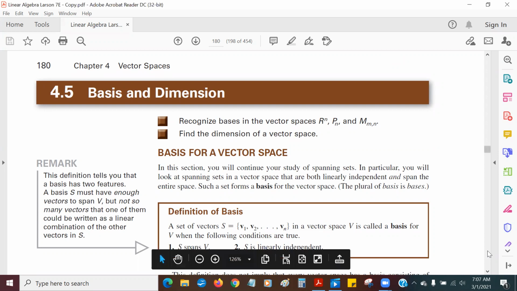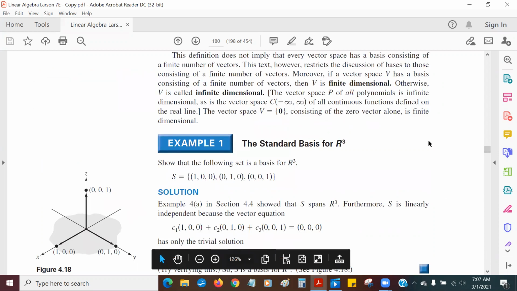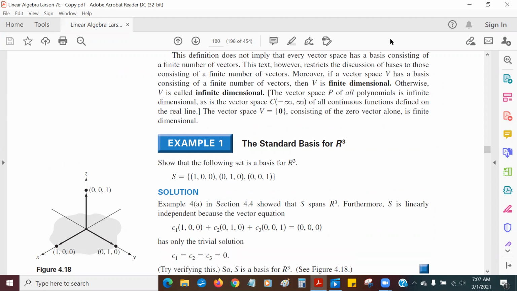Now, as I said, you can have a basis with a finite amount of vectors, or a basis with an infinite amount of vectors. But in this course, we're really going to be confining ourselves to the finite cases. Anyway, moving on. Let's look at some examples of bases.